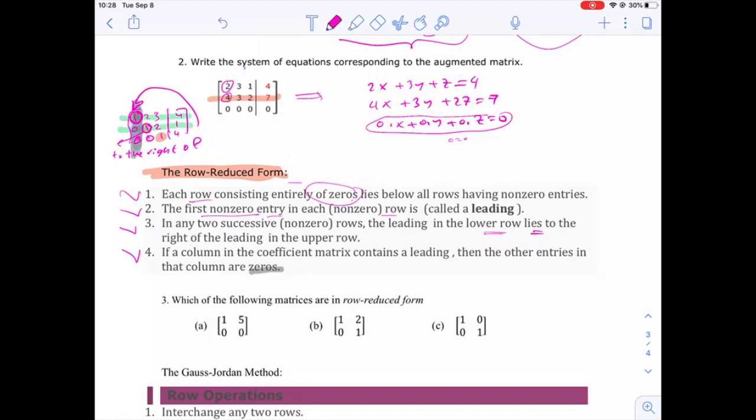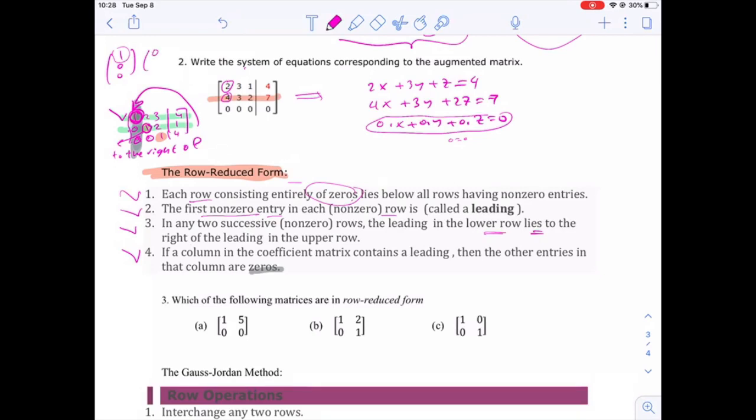As you can see here, we have 1 and everything else in that row and that column are zeros, and this is called a unit row. So the unit row is a row that has 1, or the leading number, and then everything else is 0.